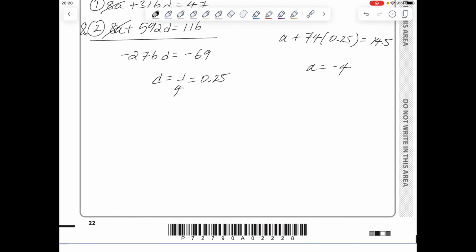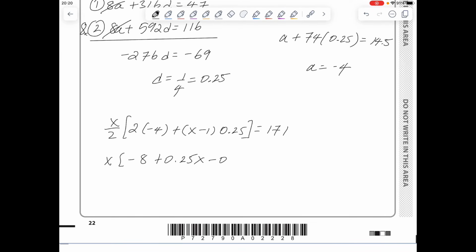Using the sum formula again, x over 2, 2 times the first term, plus x minus 1 times 0.25 equals 171. Multiply both sides by 2 and then expand the square bracket. x minus 8 plus 0.25x minus 0.25 equals 342.